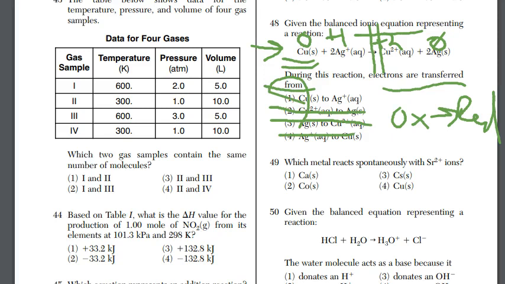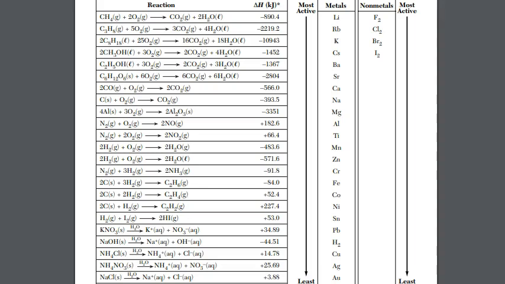All right. 49, which metal reacts spontaneously with the strontium +2 ions? For this, you want to go to reference table J. Don't guess. Take a look. Okay, I made reference table J ridiculously small over here so you could see it.